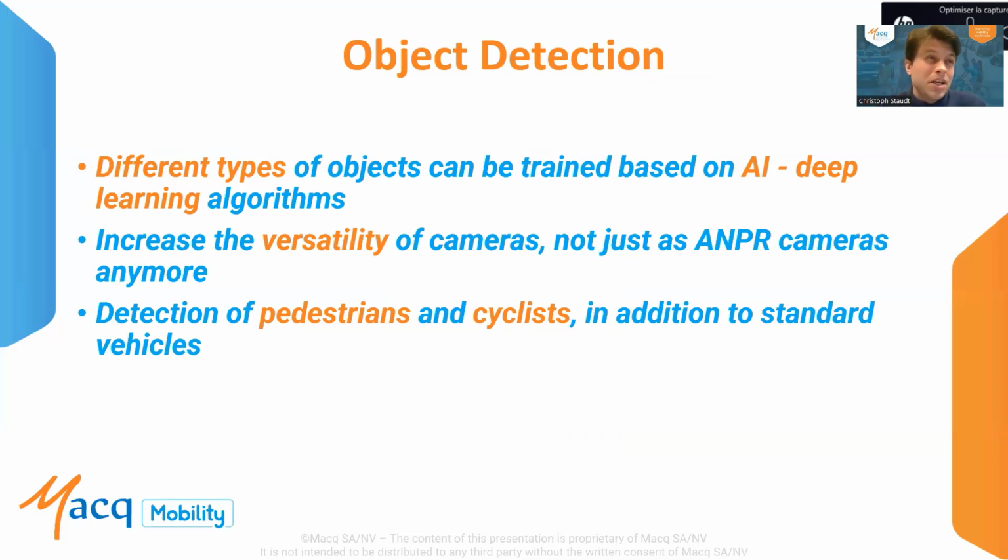So that means it increased the versatility of our cameras because it can be used for several different applications at the same time. So you don't need as end client to buy several hardware devices for several applications, but you can merge all your requests, your needs in one hardware device.